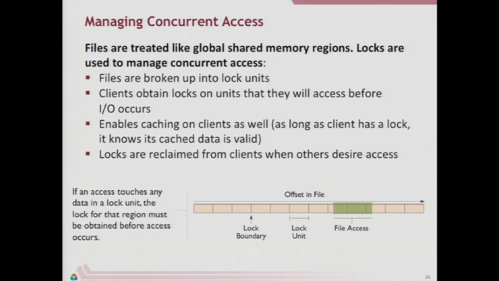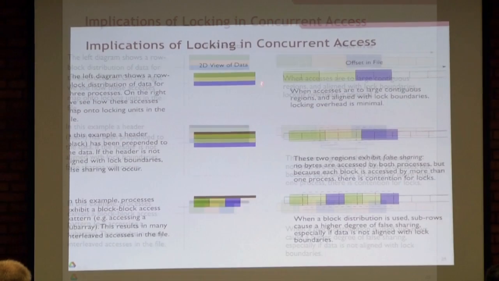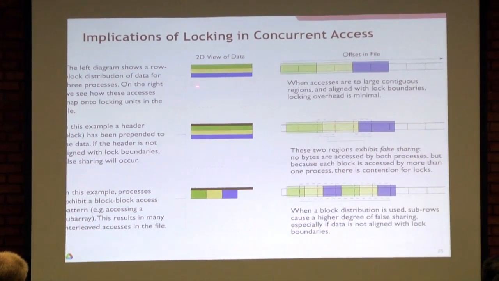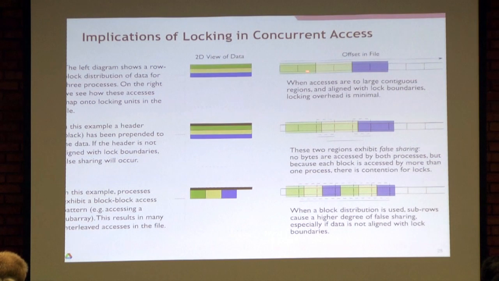Okay. So what does this mean to us? Well, on the left side here, I've drawn some 2D views of data, and I'm sorry that the lines aren't a little bit better, but imagine a 2D array, and so here we're doing blocks of column access, and we happen to have picked our row lengths perfectly so that they align with the locks on the storage system.